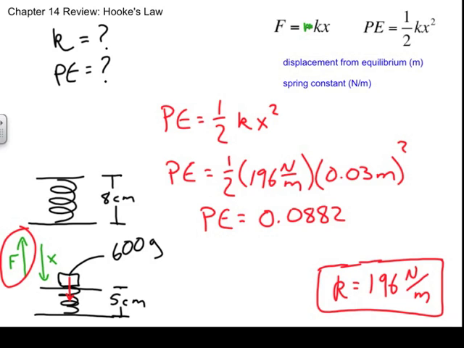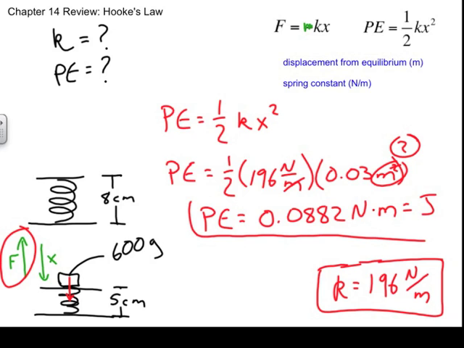I could see that because the square moves into the parentheses, so I actually have meters squared for units. One of those meters will cancel one of the meters over there, and my units go to newtons times meter, which is the same thing as a joule. So the potential energy held is 0.0882 joules, and the spring constant was 196 newtons per meter.